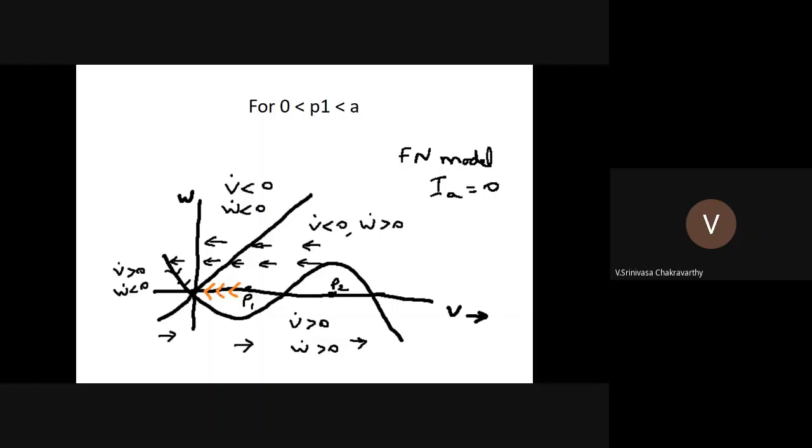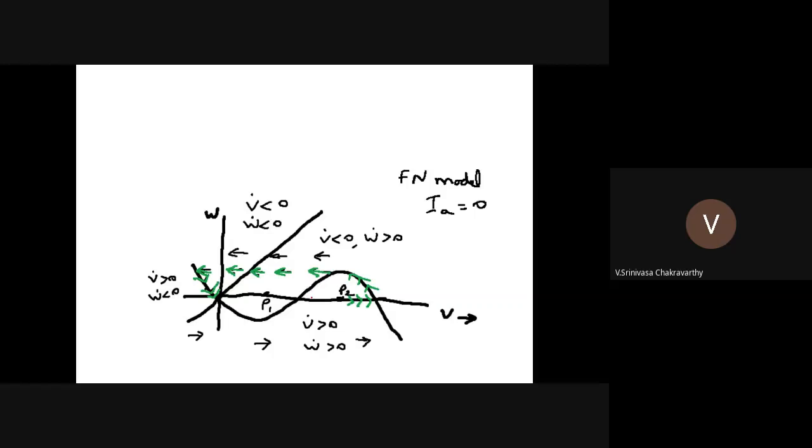Now let us look at the next case, P2, which is between A and 1. At a point within this region, V dot is positive, so it won't move towards the origin, it will move away from it. Now you notice that something funny is going on, because this is a stable point, and it is the only fixed point in the whole phase plane.